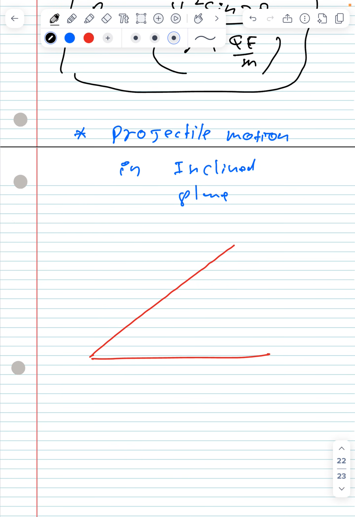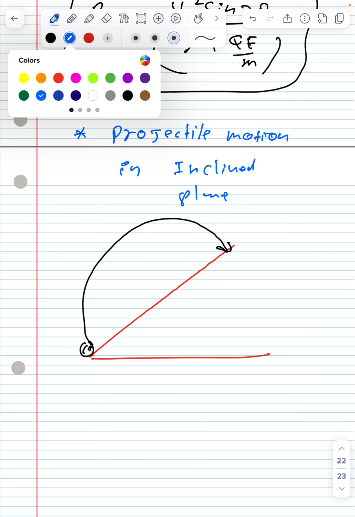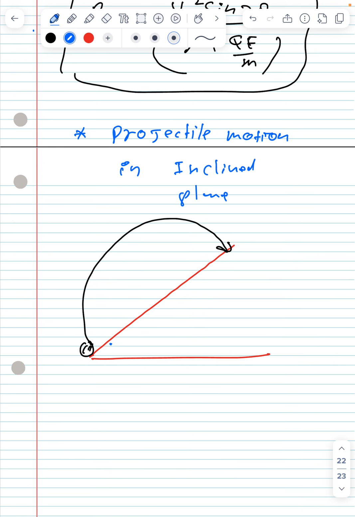And now we discuss projectile motion in an inclined plane, right. Projectile motion in an incline, as like this.